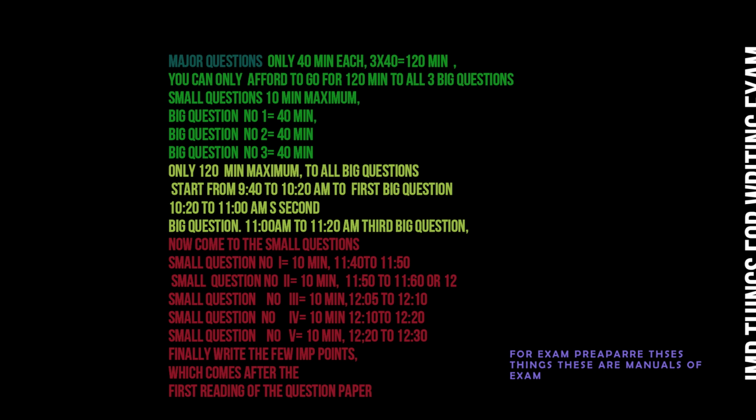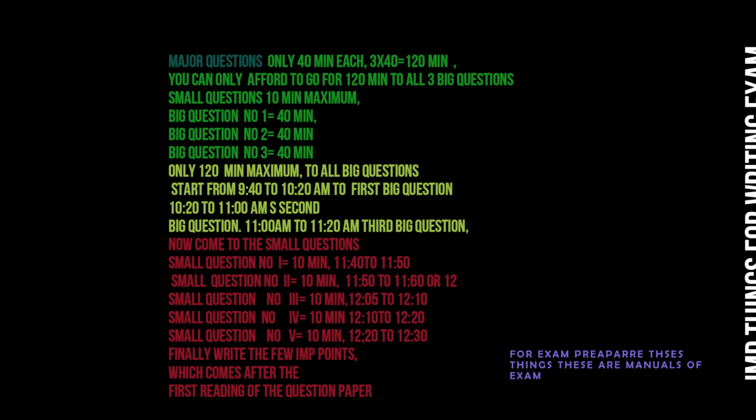There are 7 questions, and out of these 7 questions you have to attempt 3. So for these 3 questions, one question you can afford to give a maximum of 40 minutes.